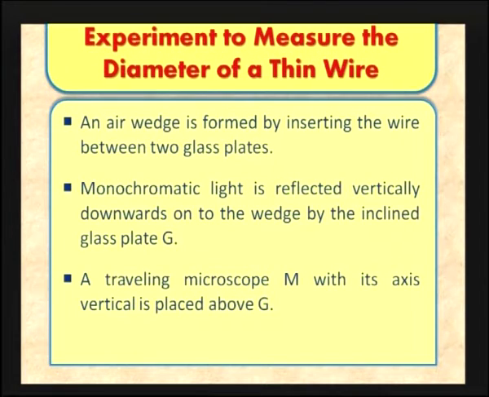An air bridge is formed by inserting the wire, as all of you know by now, between the two glass plates. You use a monochromatic light to see the bands, as I told you. A travelling microscope is normally used to measure the bandwidth. You make the crosswire coincide with the mth band, the m plus 1th band, and so on.